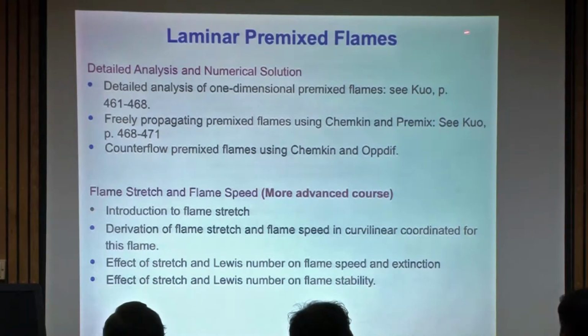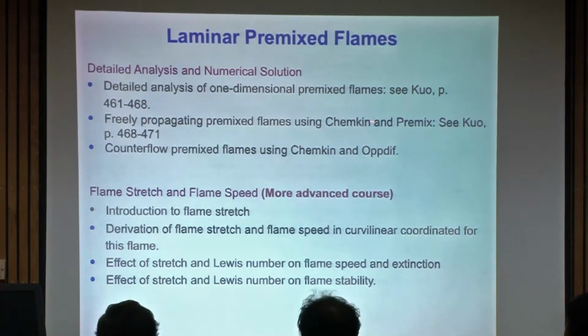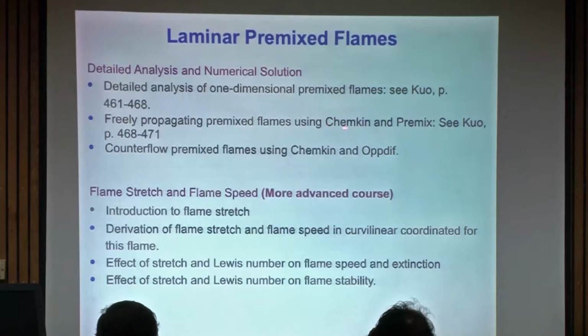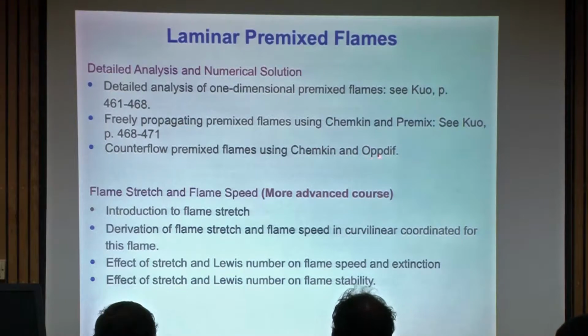So both Turn's book and Coe's book explain how to use and get the premix flames using premix module in Chemkin. You can also use the counterflow. You can do the counterflow premix flame calculations. Then in Chemkin, you use the module opdiff. That's for the counterflow configuration.